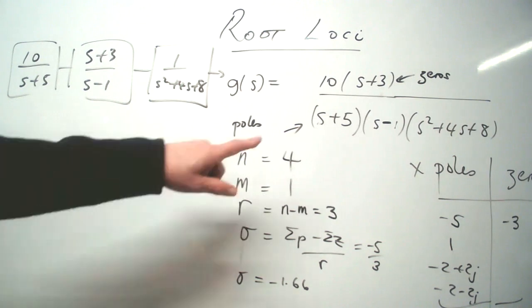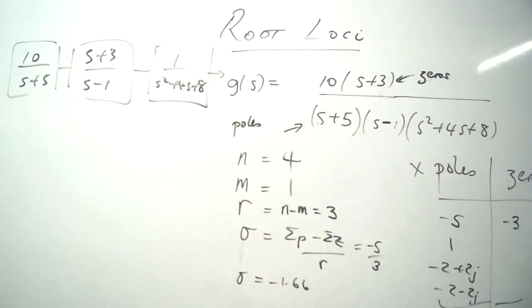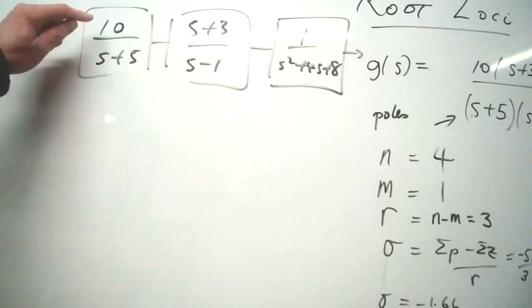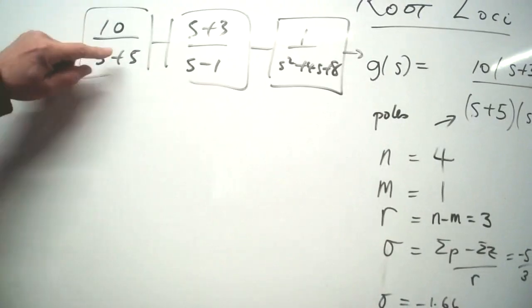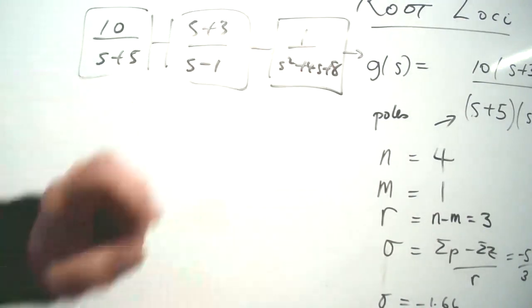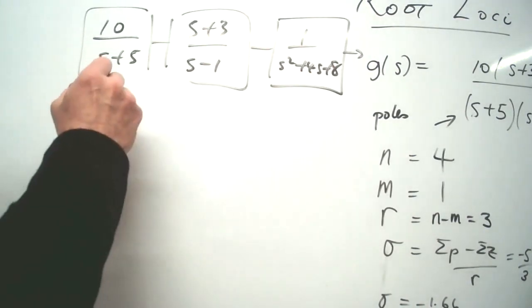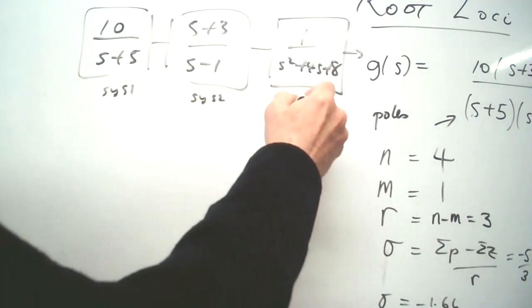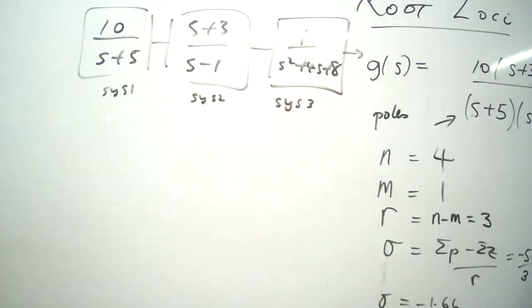So you can think of our little system as broken down into subsystems like 10 over s plus 5, s plus 3 over s minus 1, and 1 over s squared plus 4s plus 8. We could call these sys1, sys2, and sys3.